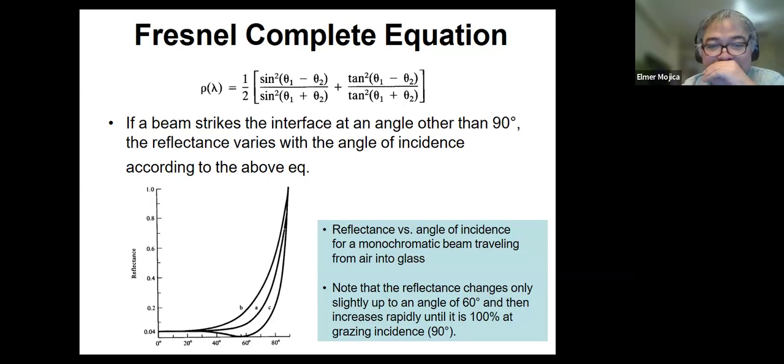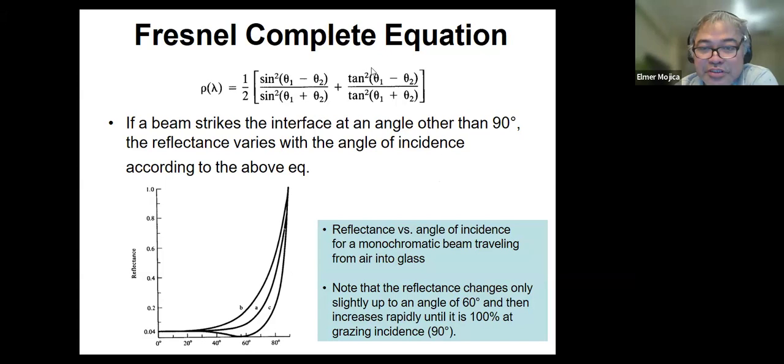And this is the Fresnel complete equation. So here, we could say that the theta 1 that you have, that's the angle of incidence, and theta 2, that is the angle of refraction that is measured with respect to the normal surface.